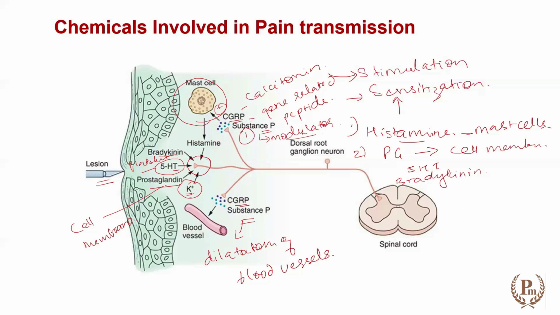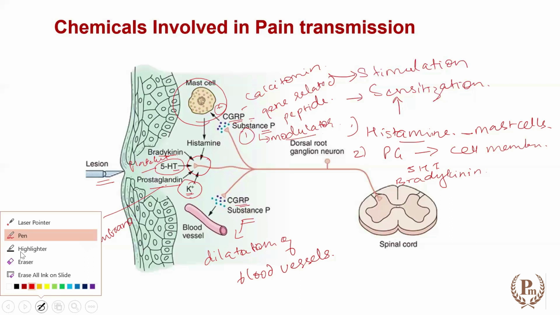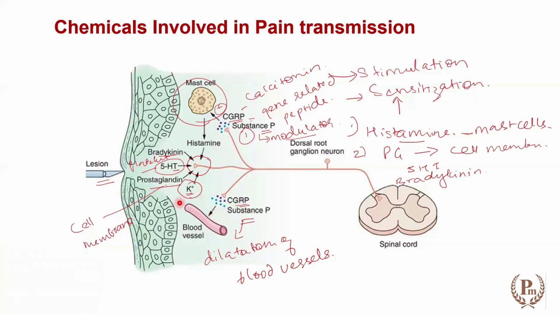This modulator is going to reduce the threshold for the pain, so you will have more perception of the pain. Other than that activity, the CGRP has another function, that is it causes dilation of the blood vessels. So there is an increase of blood flow to the site of injury. Now, this is what the chemicals are involved in.